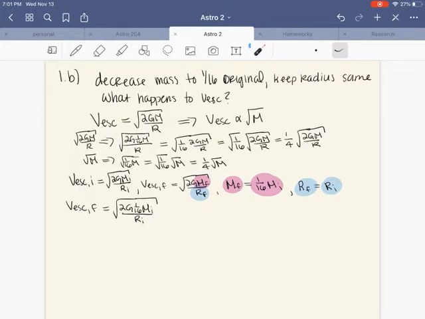This only has finals in it, but I want my final answer to have finals and initials, so I need to bring in some initials, and I do that by doing these substitutions. Now I've got something that has both finals and initials in it, and that's going to get me on my way.